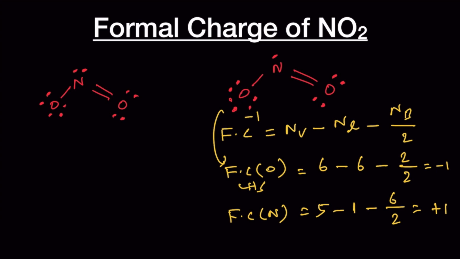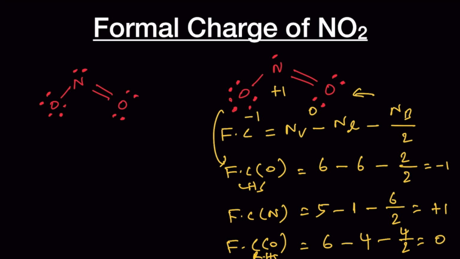So, we have a plus 1 formal charge for nitrogen, and then for the oxygen atom that is there on the right hand side, this one is equal to 6 minus we have 2 lone pairs, therefore 4, minus we have 2 bonds, that means 4 by 2, therefore 6 minus 4 is 2, minus 4 by 2 is 2, therefore 2 minus 2 equal to 0. So, we have 0 formal charge for this oxygen atom. Therefore, the net charge for this resonance structure is 0.